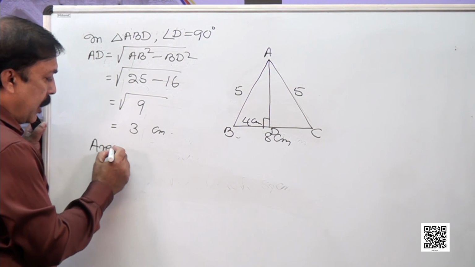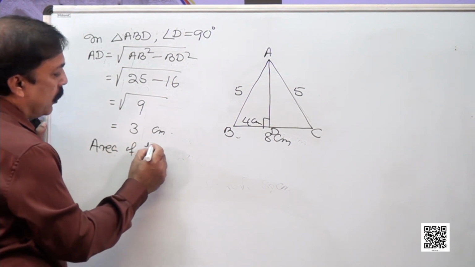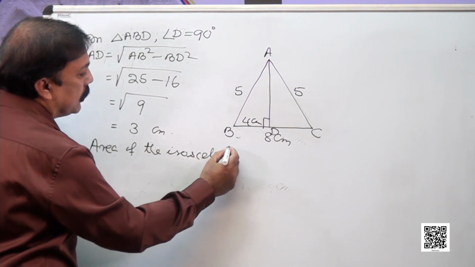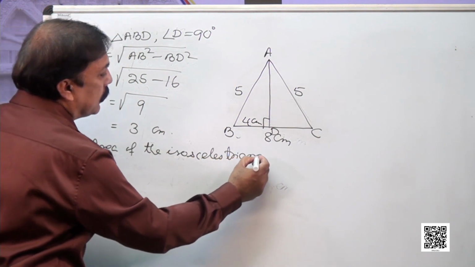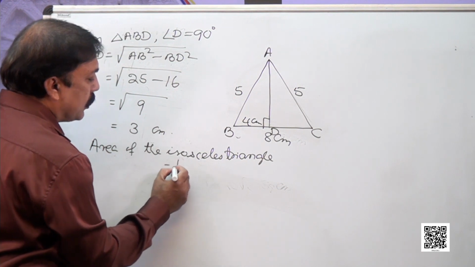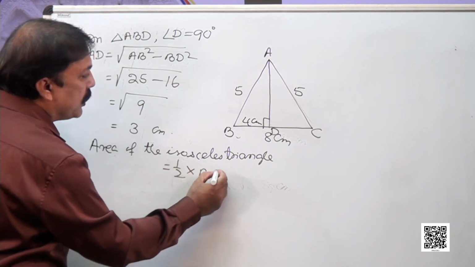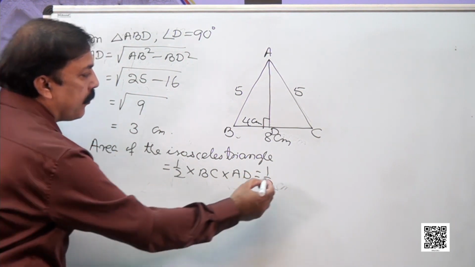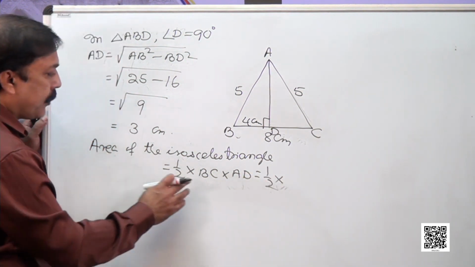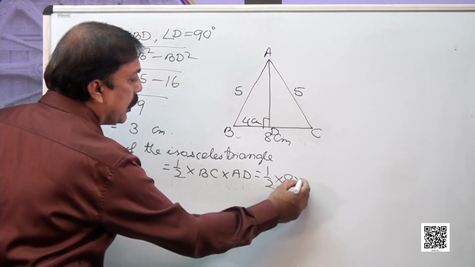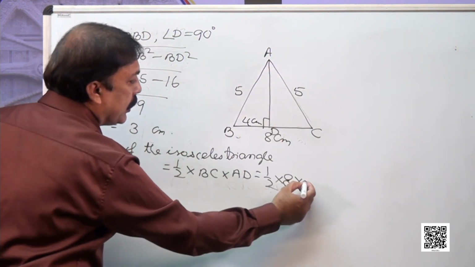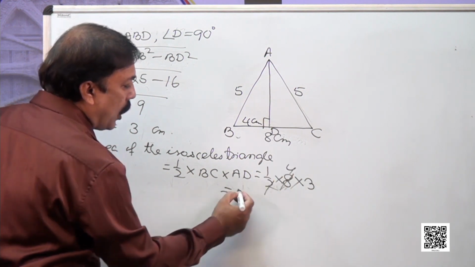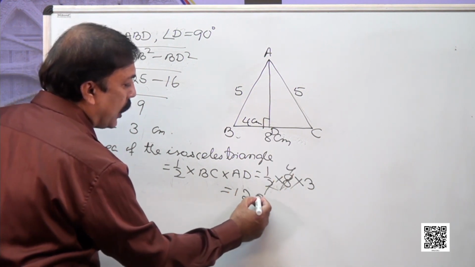So, area of the isosceles triangle is equal to half into BC into AD, that is half into 8 into 3, that is 12 square centimeter.